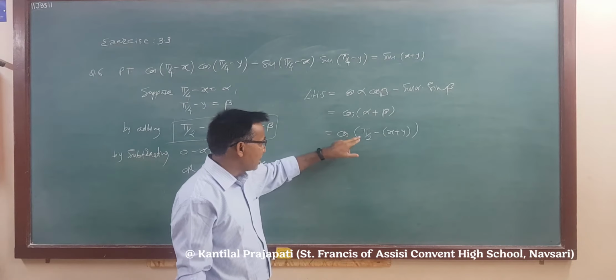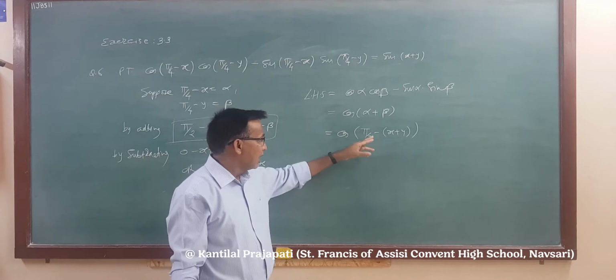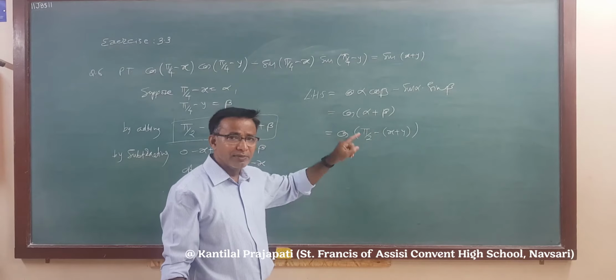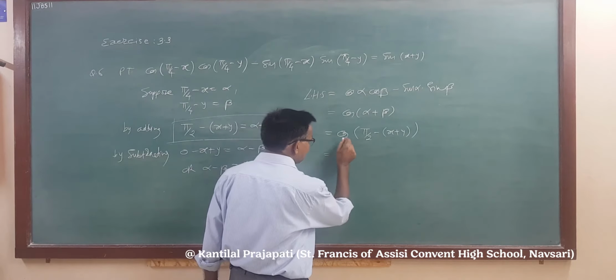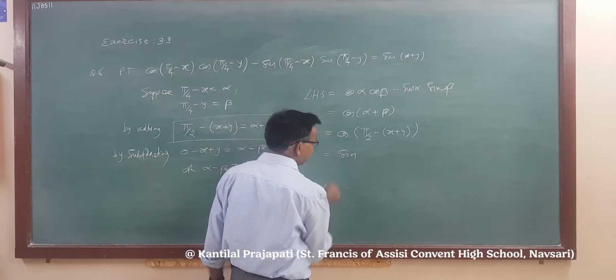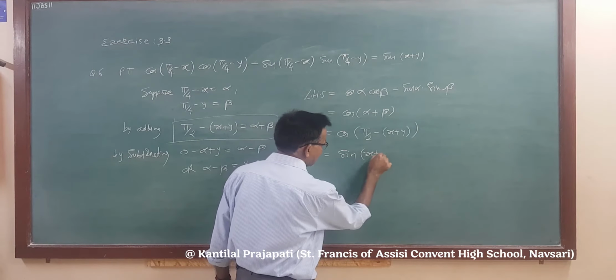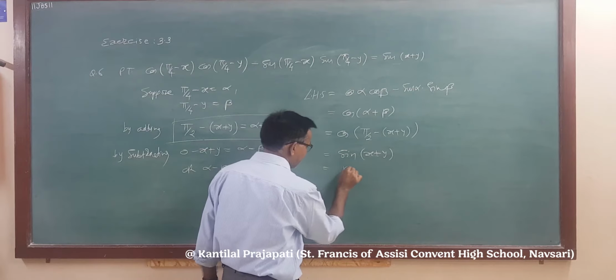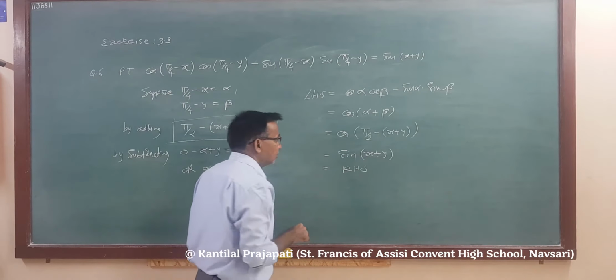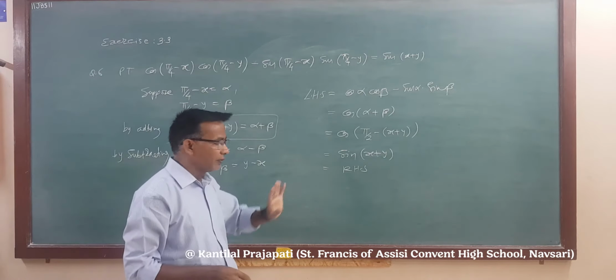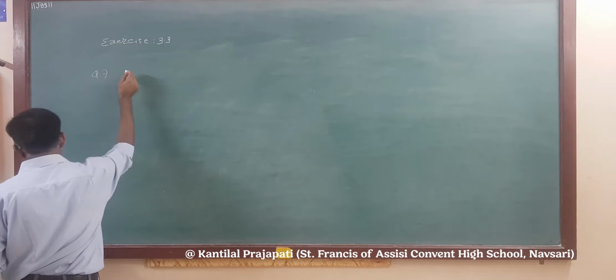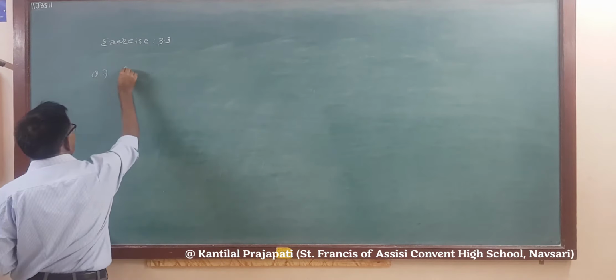So at pi by 2 the function will be changed, and pi by 2 minus theta is in the first quadrant. In the first quadrant, all functions are positive. So cos will be sine, it is positive, and sine of x plus y is equal to the RHS. Right? In this way we prove easily by using the addition formula. Proved.